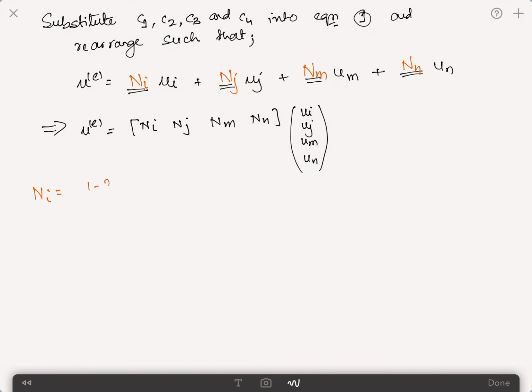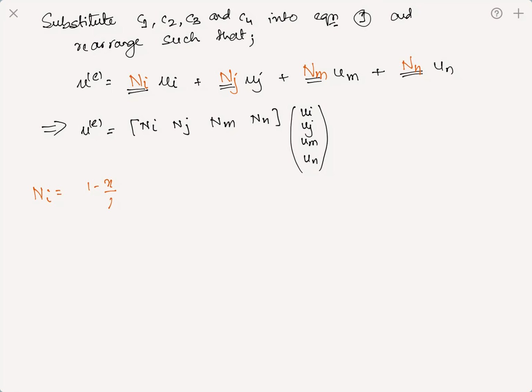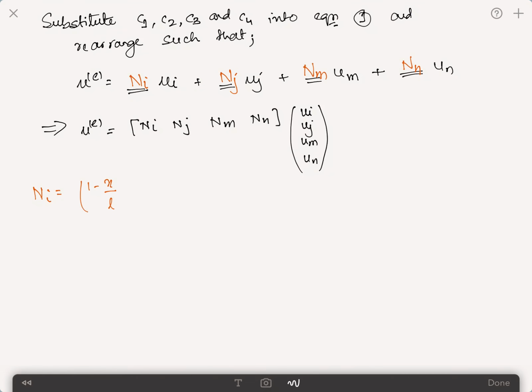The shape functions will look like Ni equal to (1 minus x by L) times (1 minus y by W). Nj, using the same notation, equal to x by L times (1 minus y by W). Nm would be equal to xy by LW, and finally Nn would be equal to y by W times (1 minus x by L).